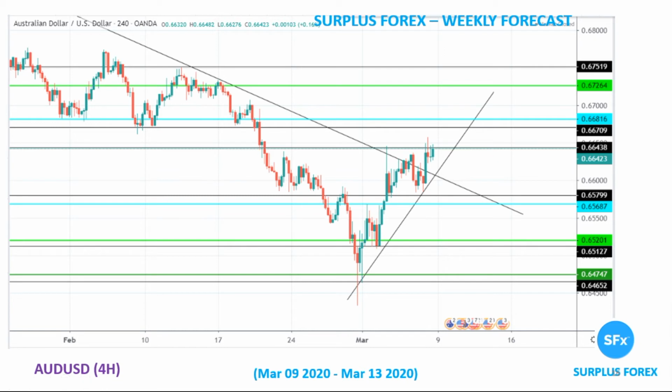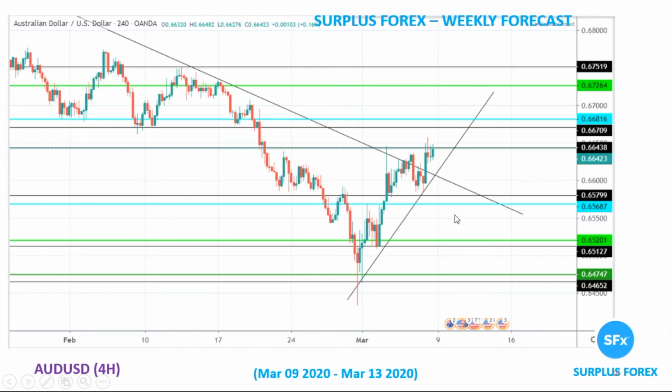However it travels, it might hover between 66.43 or 66.50 and 65.70. It'll hover between these, but if it goes above 66.70, I'll make my entry at 66.81, taking first target profit at 67.26.